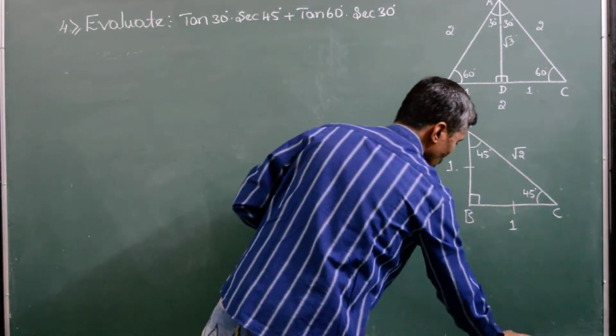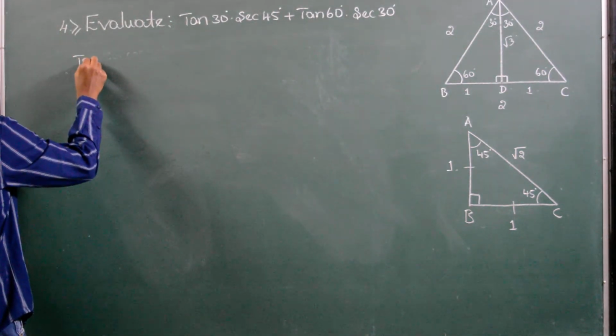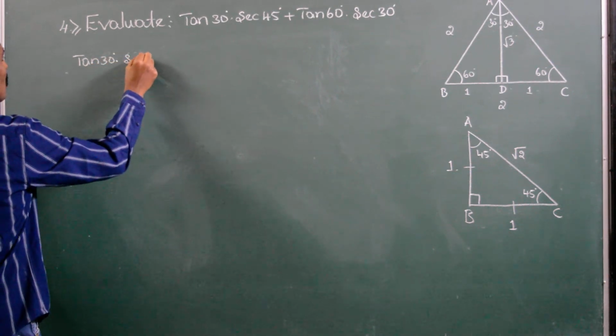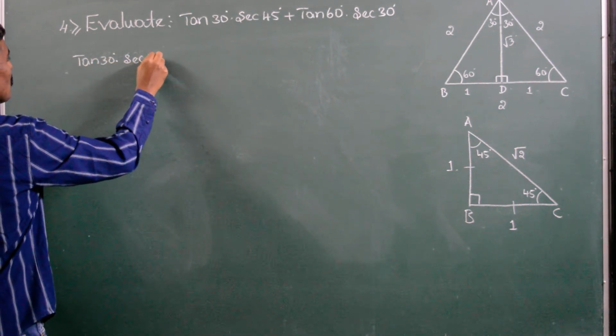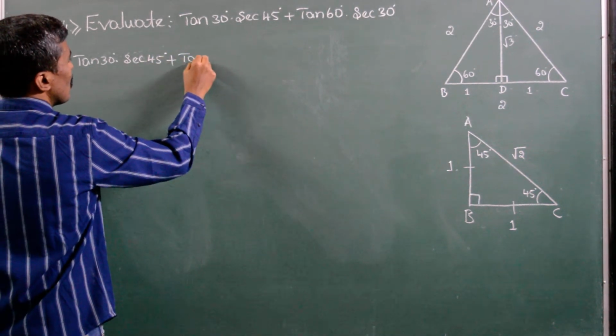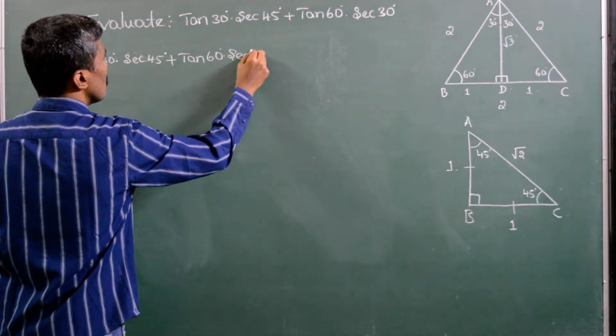I'll take the same problem: tan 30 degree into secant 45 degree plus tan 60 degree into secant 30 degree.